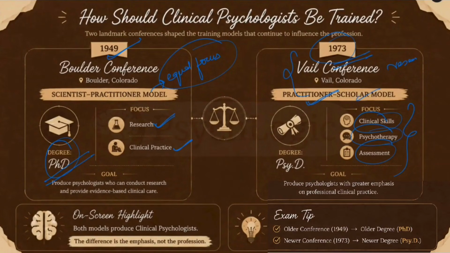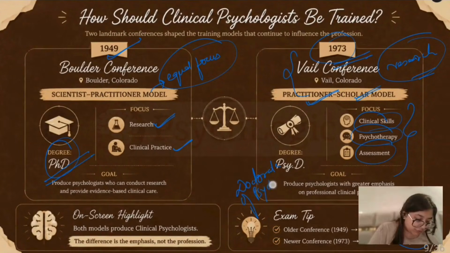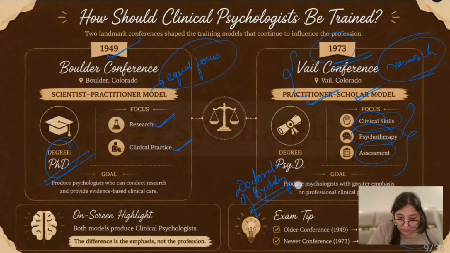That is why it is called the practitioner-scholar model. Yes, there is still research, but comparatively lesser focus. So always remember, the older degree is the PhD, and the newer degree is called PsyD, which is Doctorate of Psychology. This is very important for your UGC NET examination, so remember that.